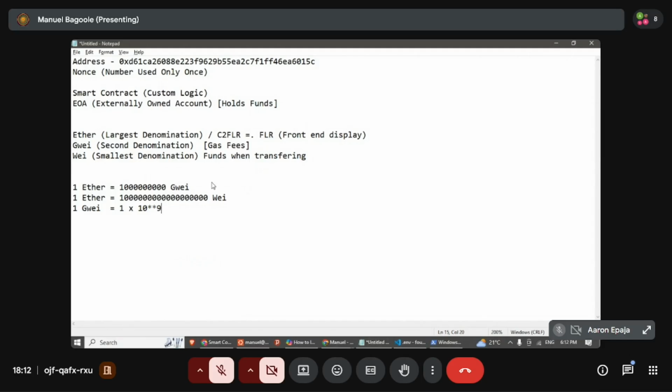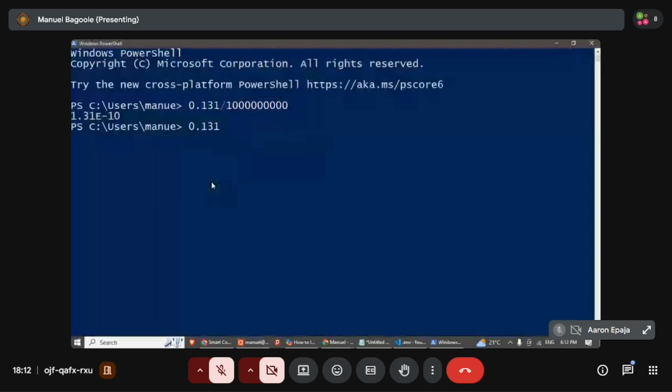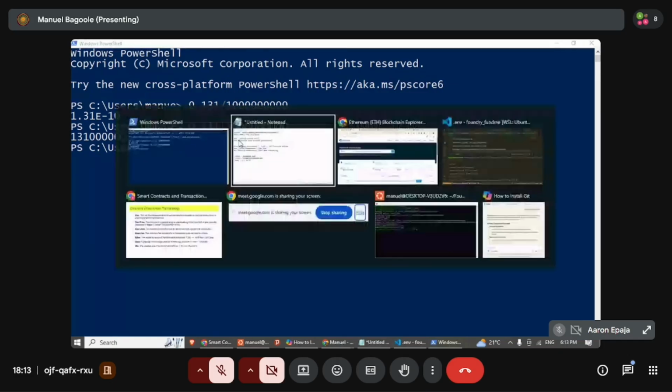So because a Gwei is in the middle between an ether and Wei, when we convert a Gwei to Gwei, it is half the amount of 1 ether to Gwei. So that's exactly it. So that means this would be exactly the same number. And that is the amount in Gwei of the gas price that we're paying for us to be able to deploy this contract. Whatever it was.